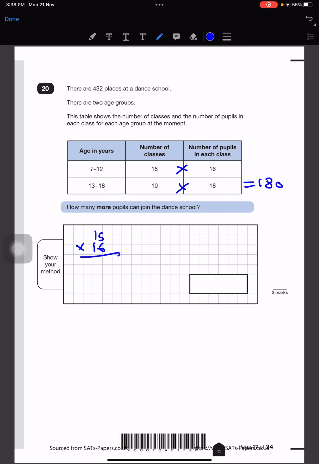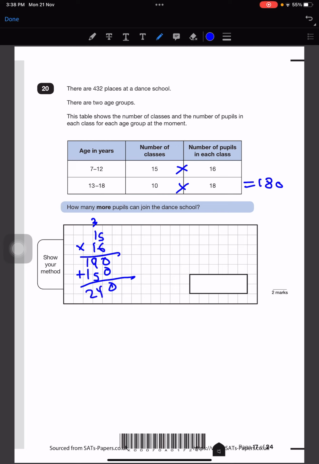So now we have to multiply this one. So this will be 30, and this will be 6, 7, 8, 9, and then 0, and then 5, and then 1. So plus it all up, 0, and then 9, 10, 11, 12, 13, 14, 1, 4, 2.